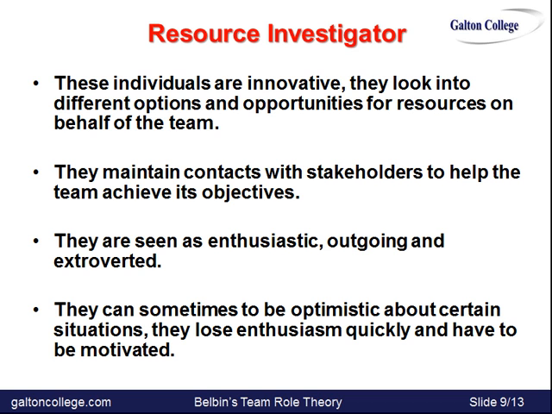If they don't get what they want, or if there's a period when there's no change or little change within the group, they tend to become demotivated. So they themselves have to be re-energized. But generally speaking, they're innovative, they're extrovert, they're out trying to do things and try to change for the better the way the group is working.